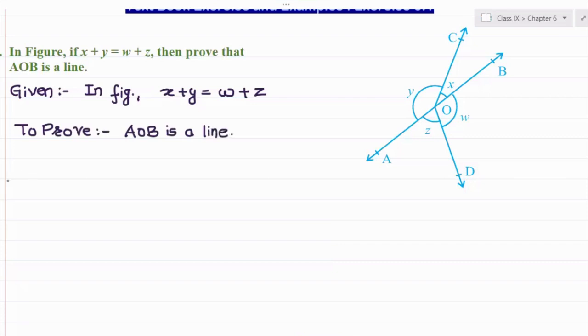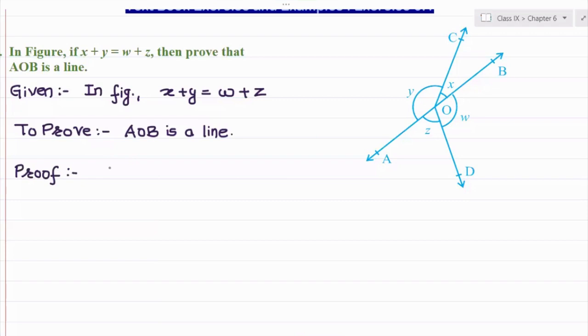Okay, now let us start the proof. So remember one thing what I have said to you. If I want to prove that AOB is a line, then the sum of x and y, or the sum of w and z, we need to prove equal to 180 degree.